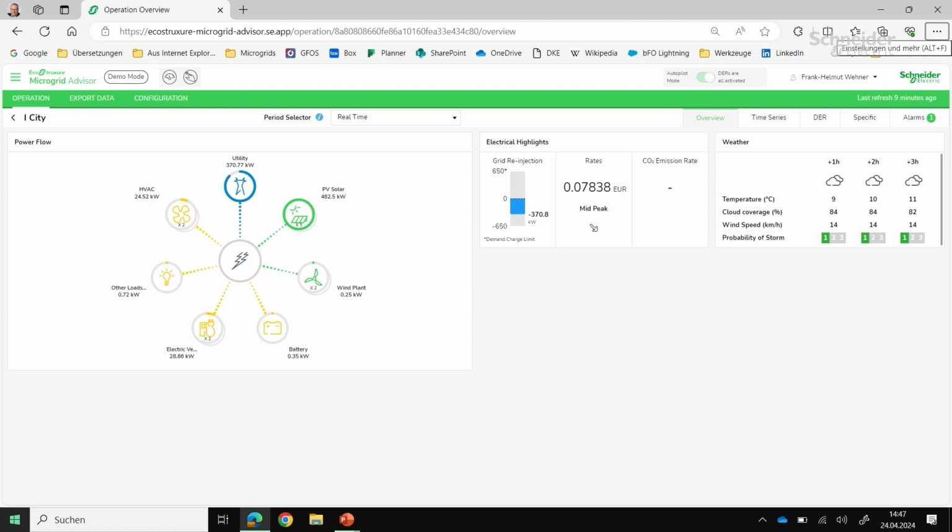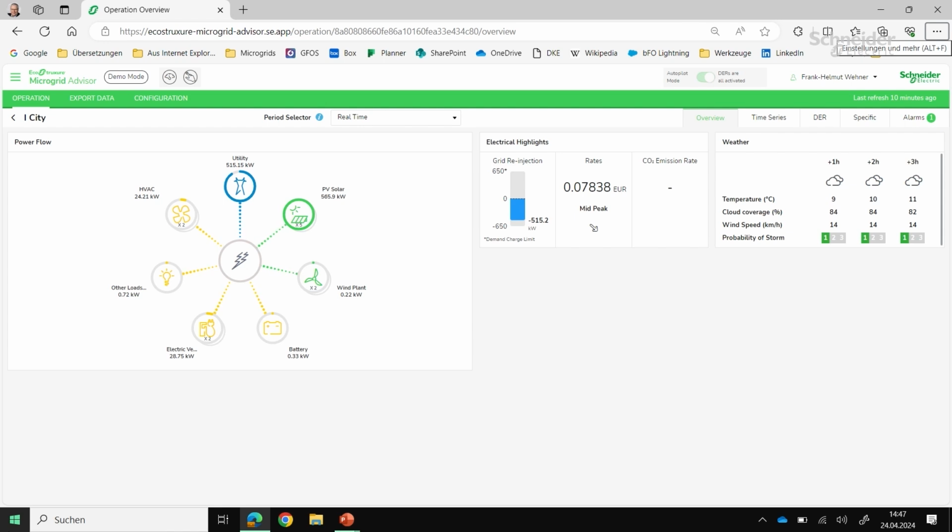What you see here is the starting screen of the web HMI of Microgrid Advisor. This is what we call the energy rosette, which is showing all the distributed energy resources which are connected to the Microgrid Advisor on a particular site. And what you see here is a real site. This is not a simulation, that is data coming from a real site.